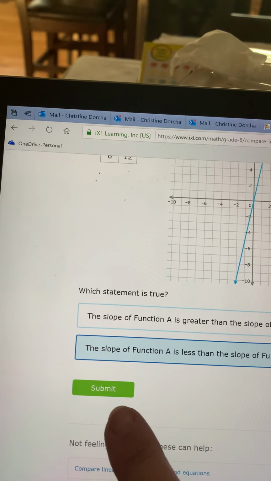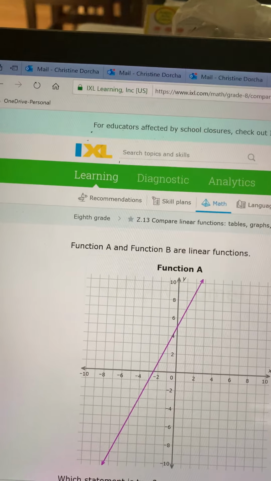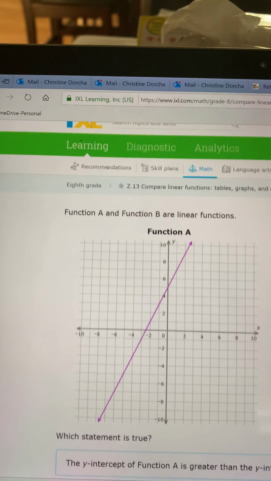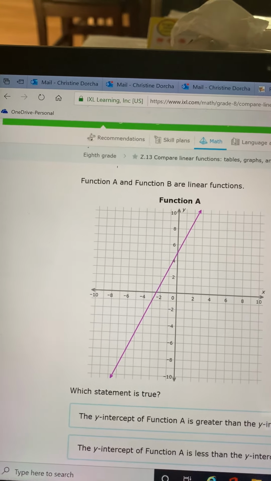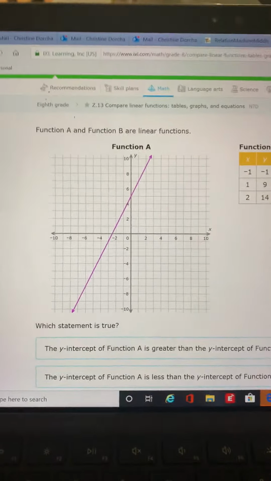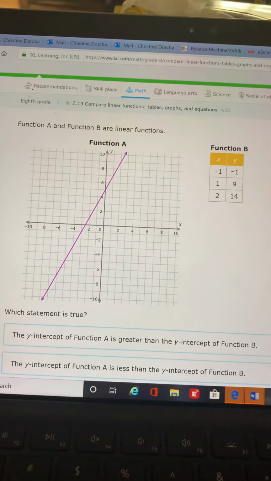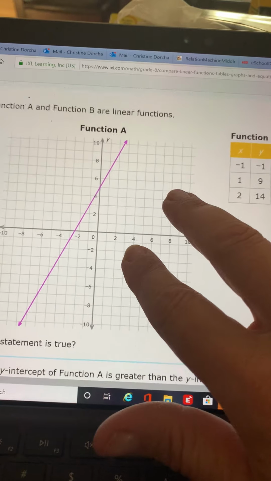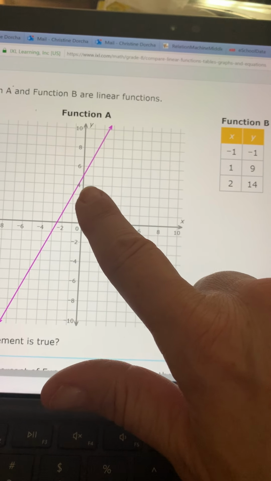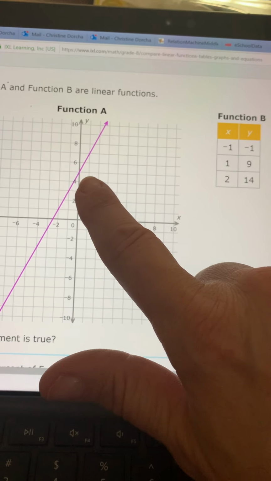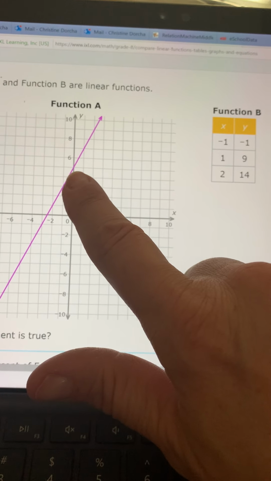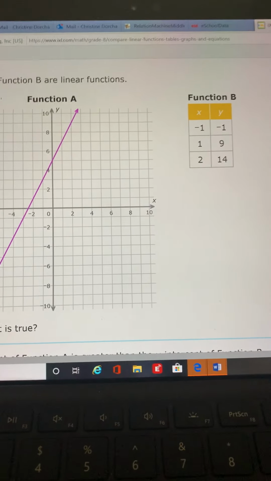So here we go again. And you'll pretty much be doing this for a little bit, and then they'll change the feature up on you a little bit. So they're talking about the y-intercept this time. So the function A's intercept right here is at 5.